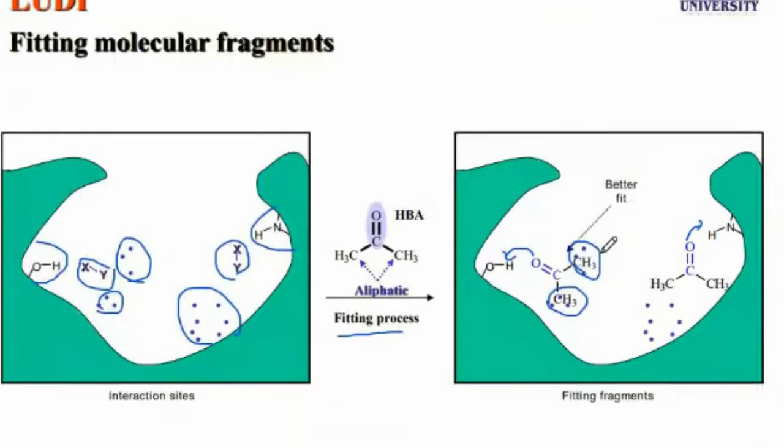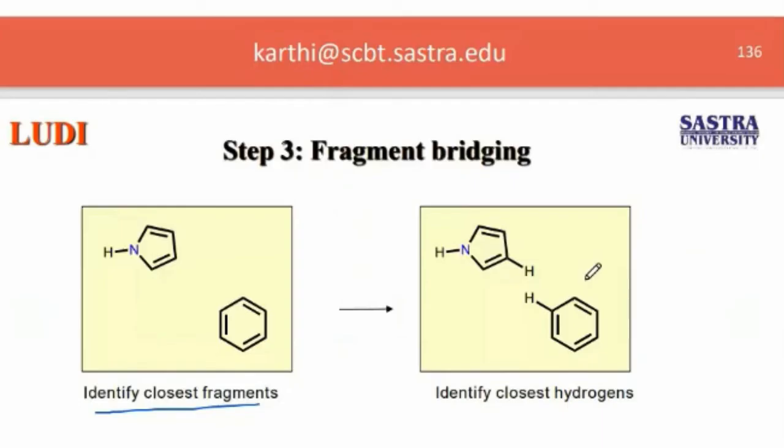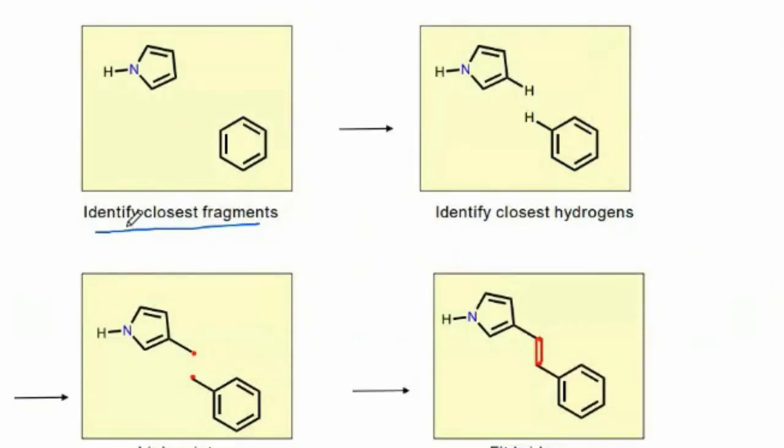Since you'll have many small fragments, which two should be connected? The basic logic used by the LUDI algorithm is the identification of the closest fragment. Within the binding site, you look for which two fragments are present close together. The distance is very small, so that is called the closest fragment.